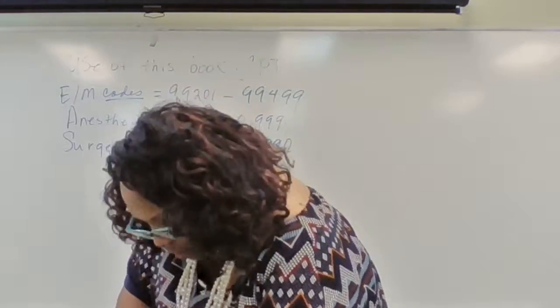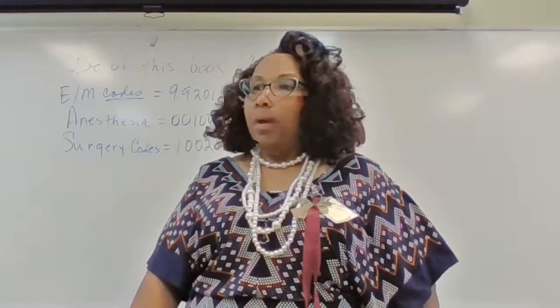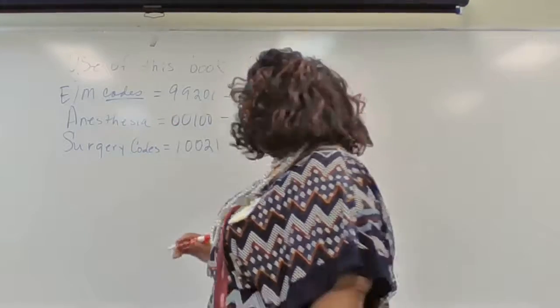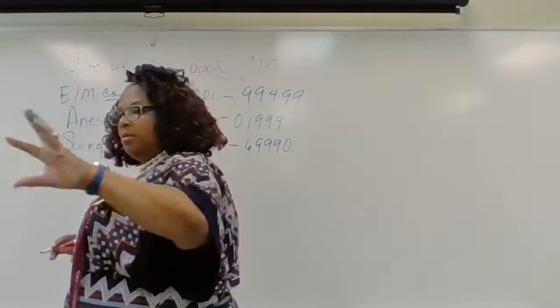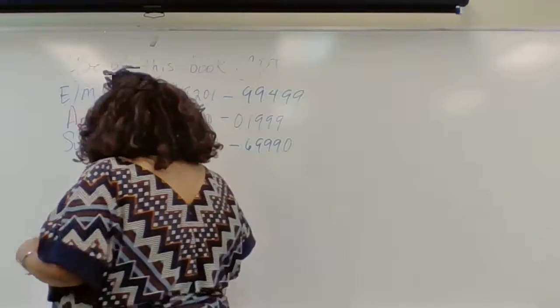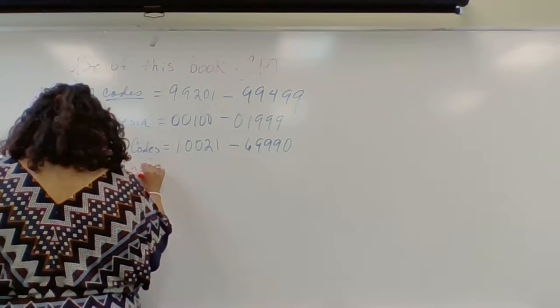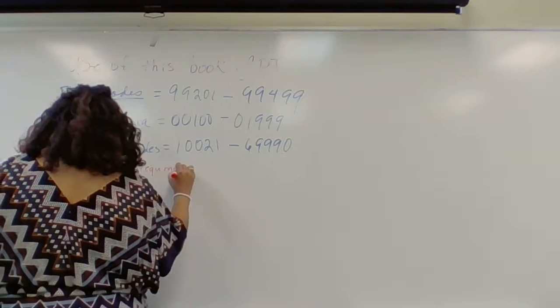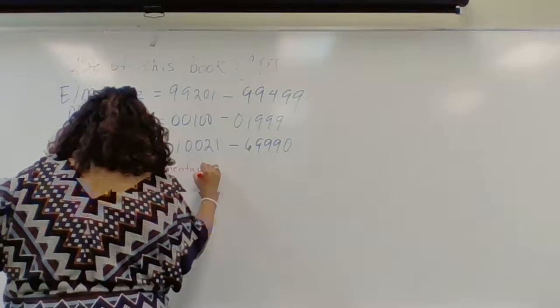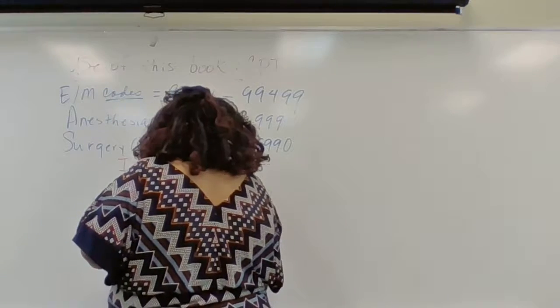Okay. So it says surgery code. Underneath the surgery codes, you have the list of the body systems. So you have the integumentary codes.